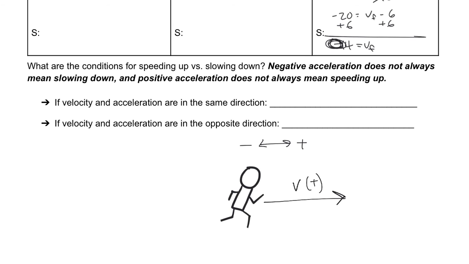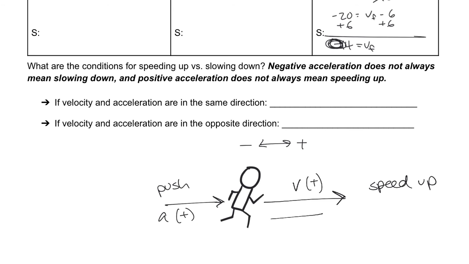If I push him from behind, that's going to make him accelerate. When you push on something, it makes it accelerate. So if I push with him, my push or my acceleration is in the positive direction. If I'm pushing my runner from behind, what's he going to do? Well, he's going to speed up. And that makes sense.